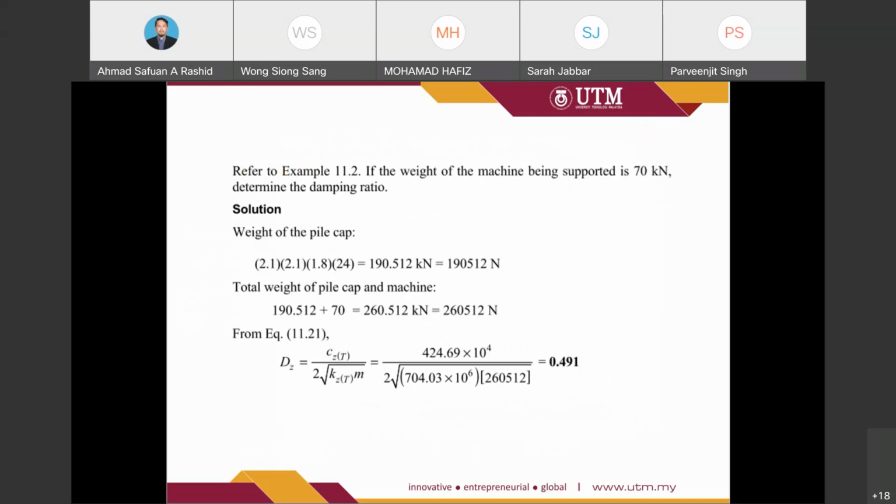So we put the values in the calculation to determine the Dz, the damping ratio, where the value is equal to 0.491. So that is the value for the Dz.